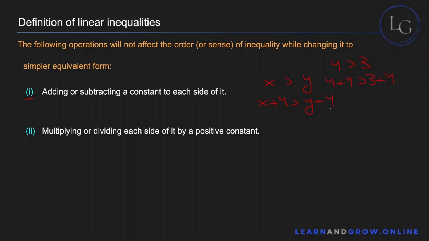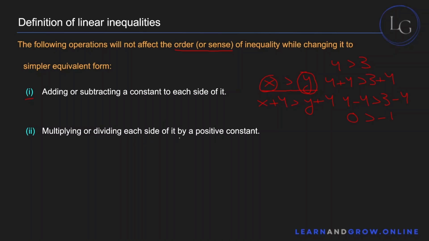Also true. And you can also subtract 4. So 4 minus 4 is greater than 3 minus 4. Obviously, that means that 0 is greater than minus 1. Also true. So the order or sense of the inequality does not change. It is again x, this side is greater than this side. Simple. Whether you add or subtract any number on either side.